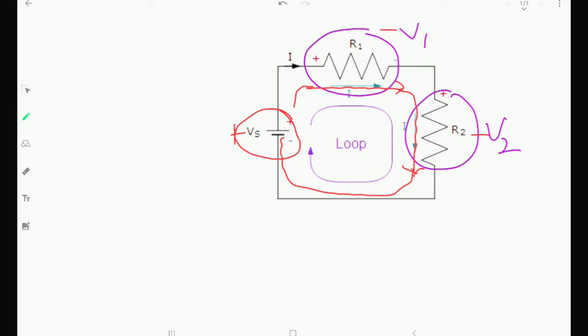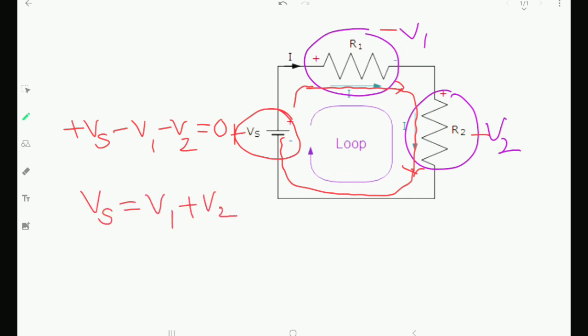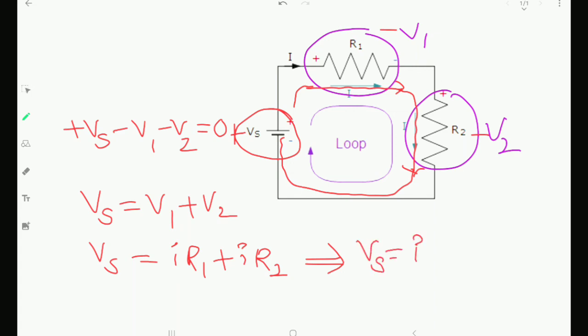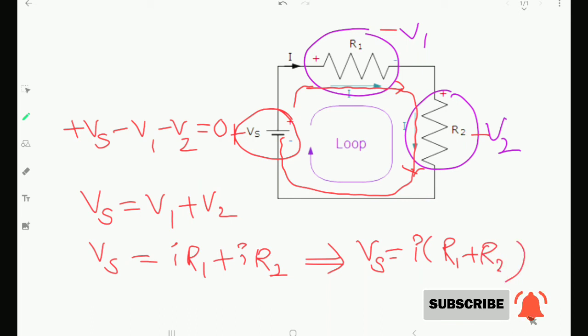So the potential differences in a closed loop can be written as plus Vs minus V1 minus V2 equals 0, or Vs equals V1 plus V2. Across the first resistor it is current into resistance, and across the second resistor current into resistance. So Vs equals I times R1 plus R2. This is the application, meaning how to apply the sign conventions for Kirchhoff's second law.